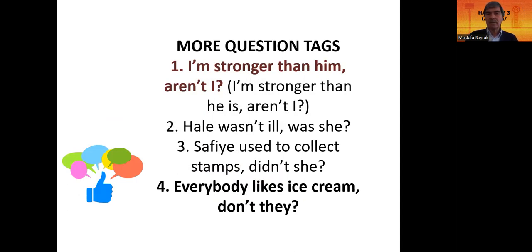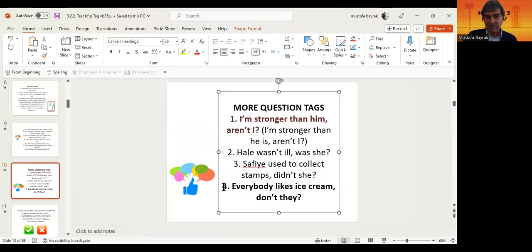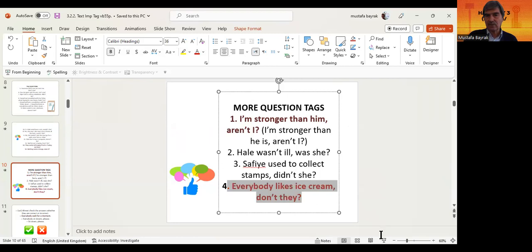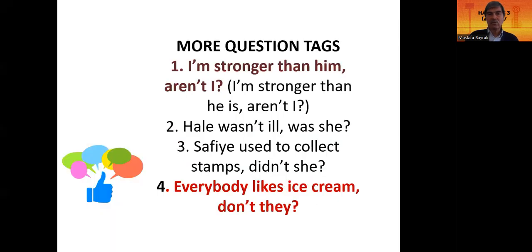Okay. Everybody likes ice cream, don't they? This is really important. Let me change the color to red again. Everybody likes ice cream, don't they? Yes, everybody likes ice cream, don't they?